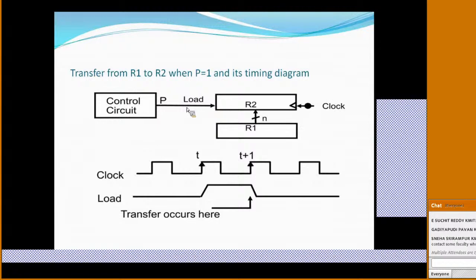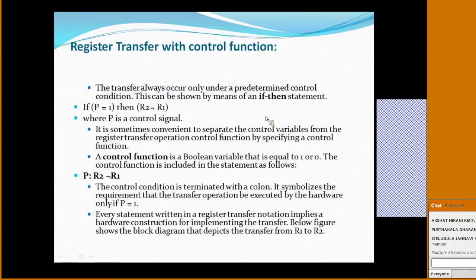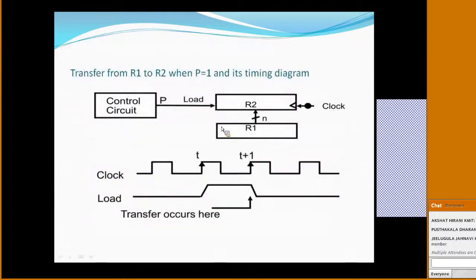Load operation means R2 is ready to be loaded. This P equal to 1 is given as an input to the load operation of R2. Now R2 is ready to accept the data. What is to be performed? R1 into R2. So the complete contents of R1 are moved to the register R2.